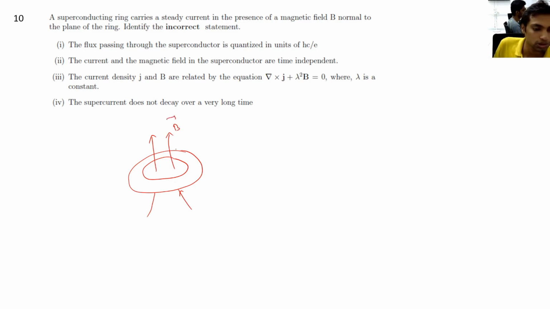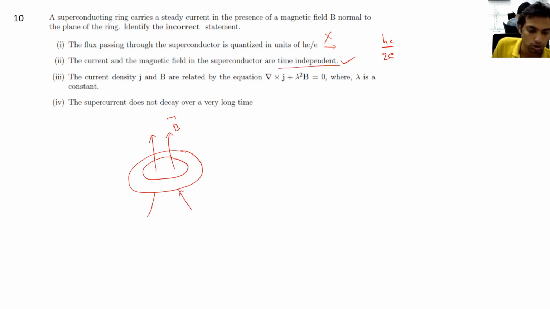Because there is a magnetic field, the flux passing through it is quantized in terms of h over e. This statement is wrong. If you do the quantization, it turns out to be h over 2e actually. The current and magnetic field in the superconductor are time independent.